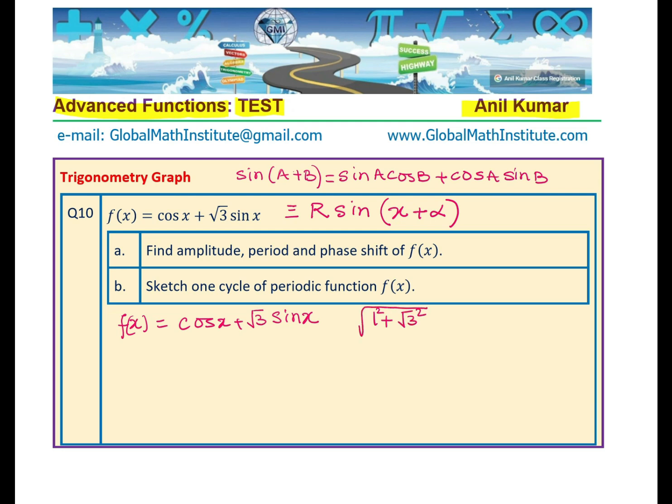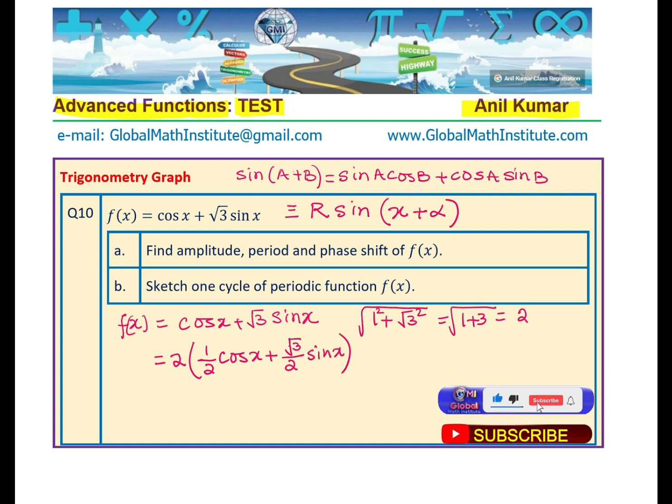If we take the square root, we get square root of 1 plus 3, which is equal to 2. So we can take 2 common and divide these terms by 2. So we get 2 times 1 over 2 cos x plus square root 3 over 2 sin x.